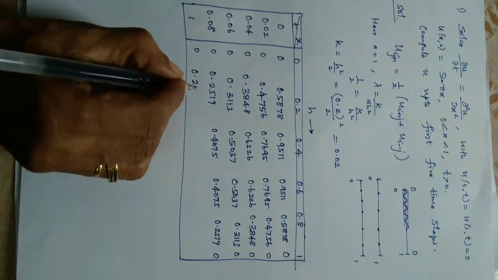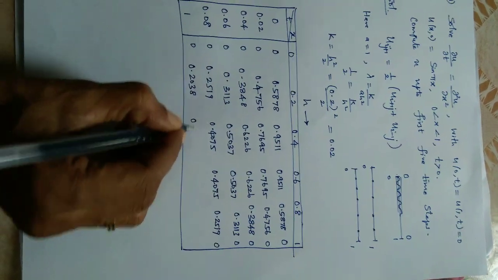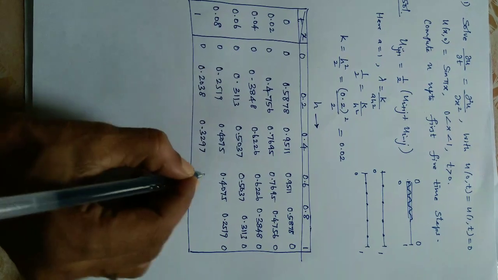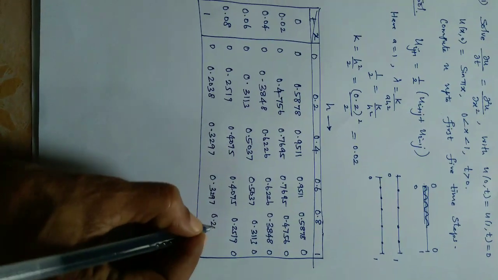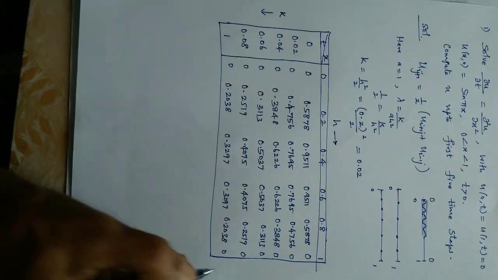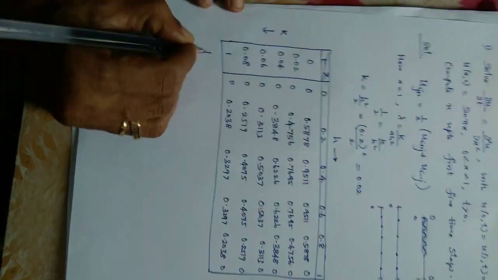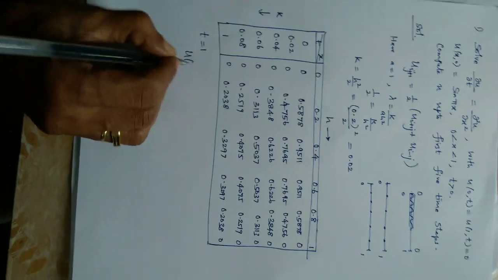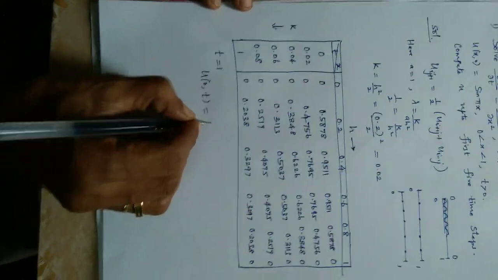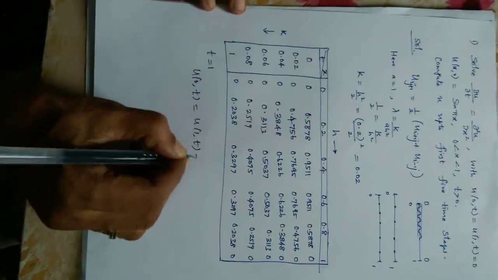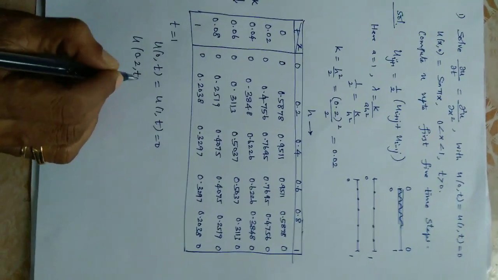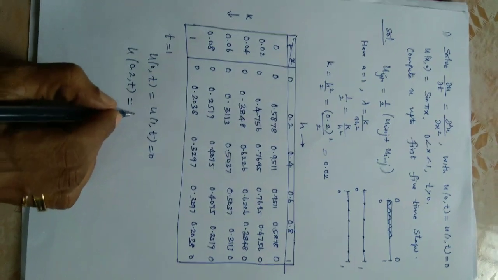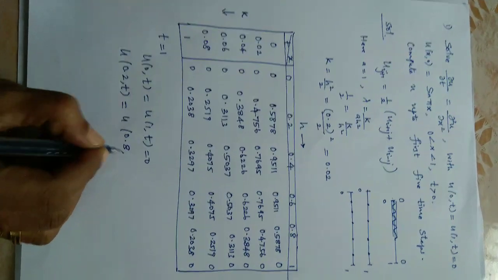Finally, I am going to calculate the last time step at t equal to 1, which is nothing but 0.2038, 0.3297, 0.3297, 0.2038. So you will get the final answer at t equal to 1: u of 0 comma t equal to u of 1 comma t equal to 0, and then u of 0.2 comma t is the same as u of 0.8 comma t.